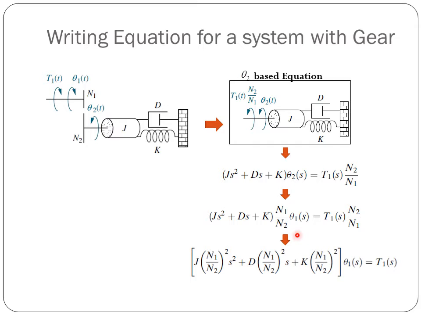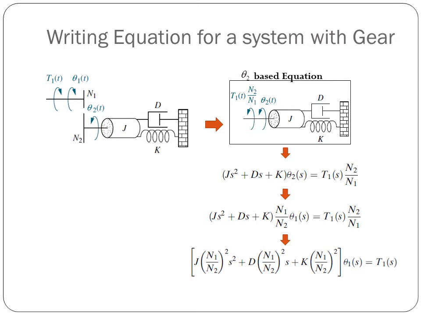So why did we rewrite this? Because we want to see what the general form of the equation using theta 1 and T1 looks like. So we rewrite the equation like theta 1 into something is equal to T1. That means all these impedances are connected with theta 1.